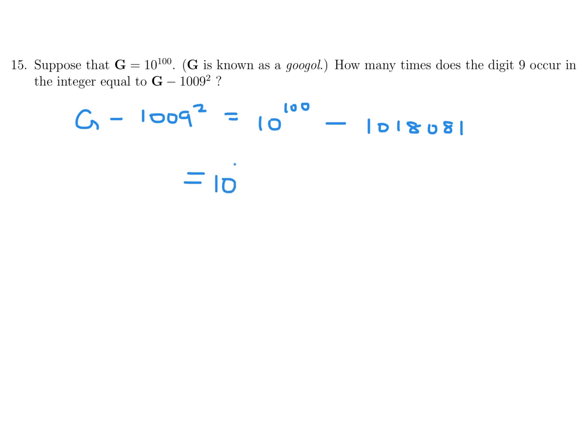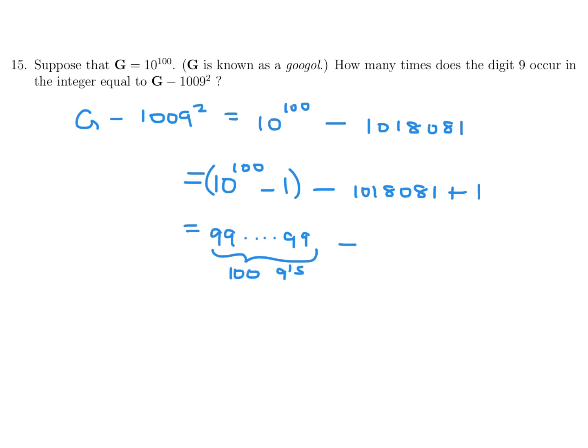So let's try to figure this out. Let's subtract 1 from this, and then if I do that, I have to add 1 here. So this will be a whole bunch of 9s, right? 9, 9, 9, dot, dot, dot. And I believe it's going to be 100 9s.